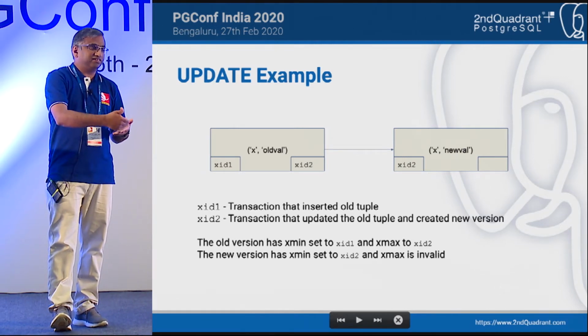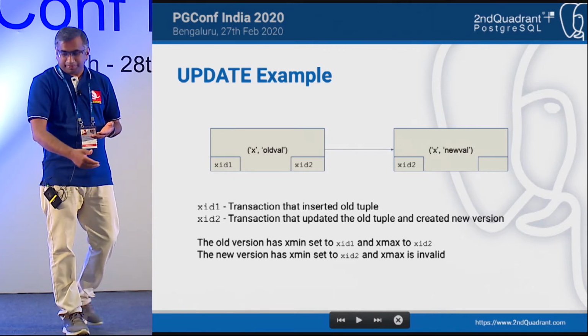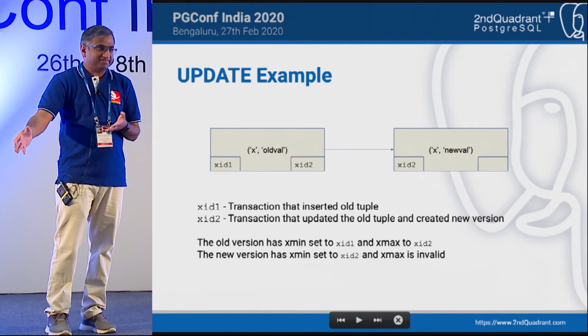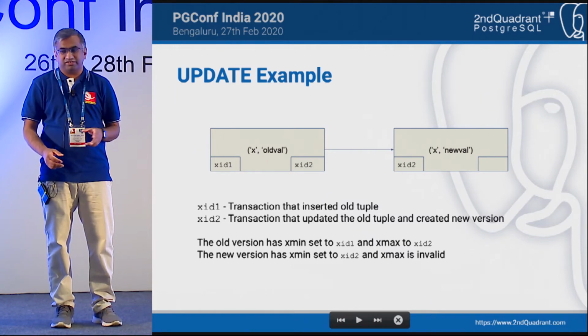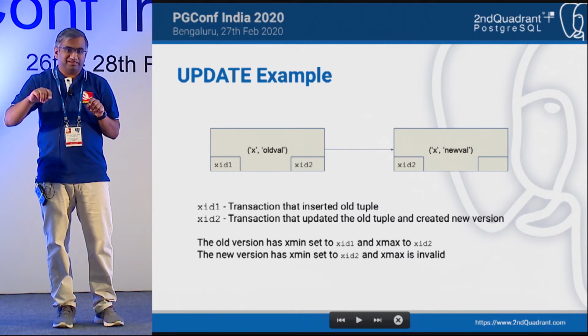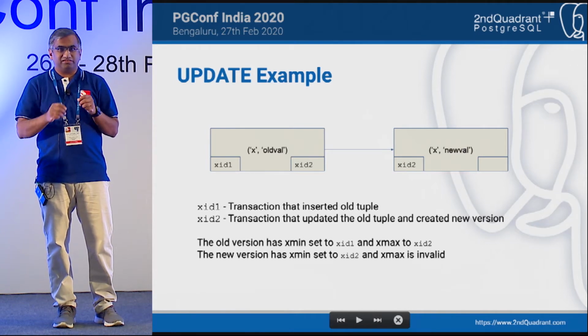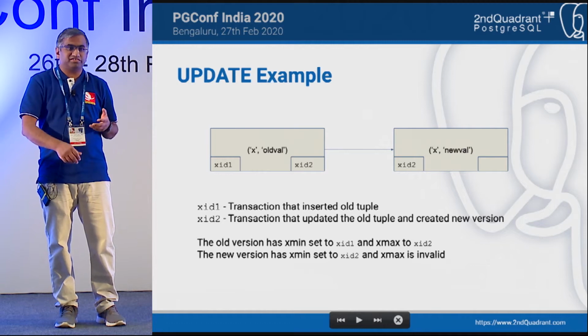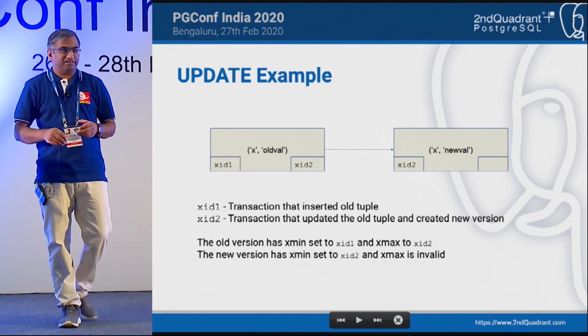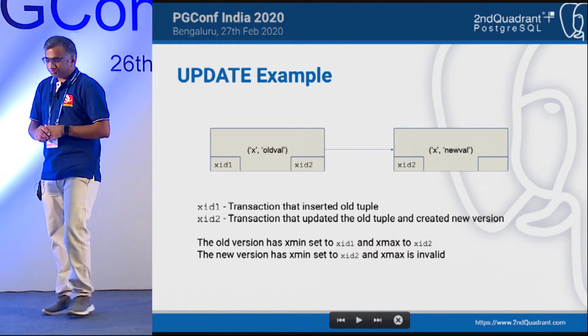It's the latest version of the row. And this is an update example, right? So you have your old version and your new version linked through a chain, and that is internal to Postgres, and that's how we identify the versions of the row.